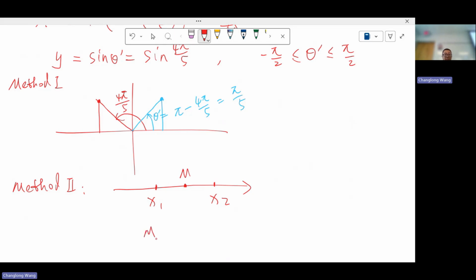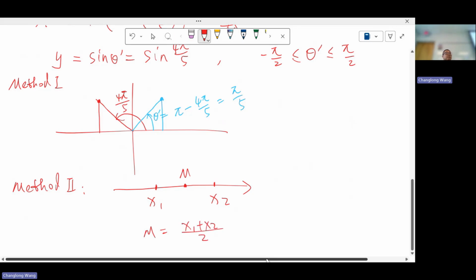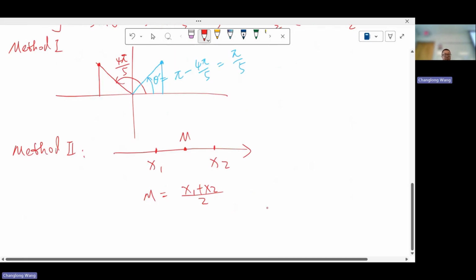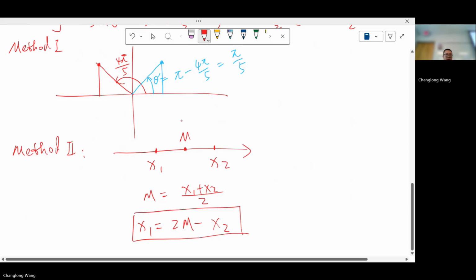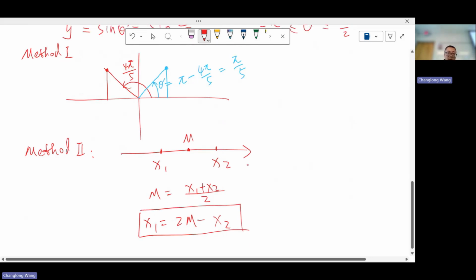But I'm sure that you can see that M must be, as she said, x1 plus x2 over 2, right? Does that make sense? Just the average. But now I want to invert it. If I know what the midpoint is, and I know one of the coordinates, I don't know the other coordinate. Say, what is x1? You just invert it, right? You get 2m minus x2. Does it make sense? And that's the formula you're going to use for finding the theta prime. All right, let me show you how.